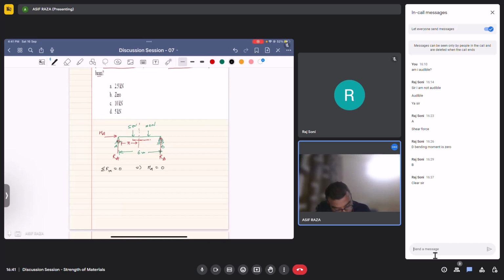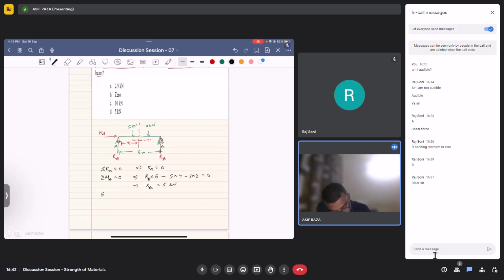Then let us take moment about A equal to 0. This would give me RB times 6 minus 5 into 4 minus 5 into 2 equal to 0. This gives RB is 30 by 6, 5 kilonewton.